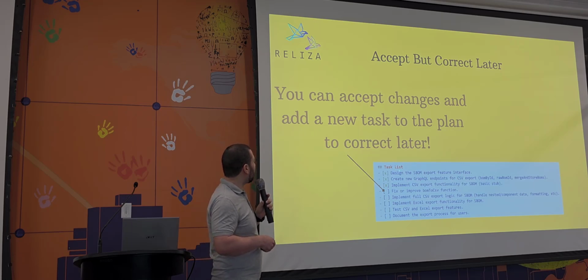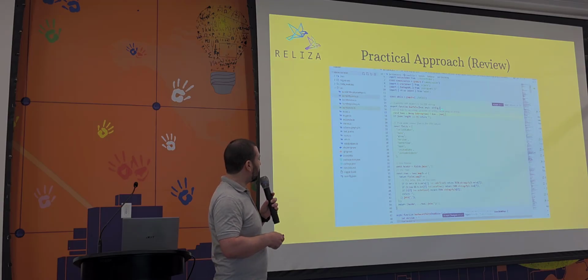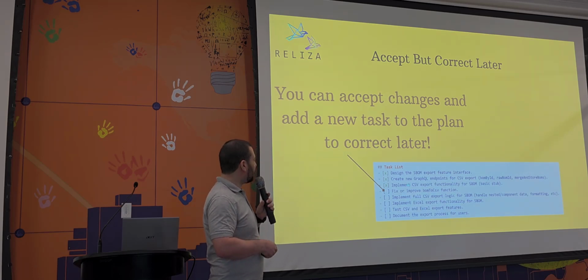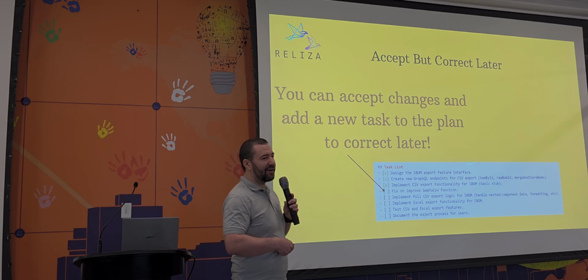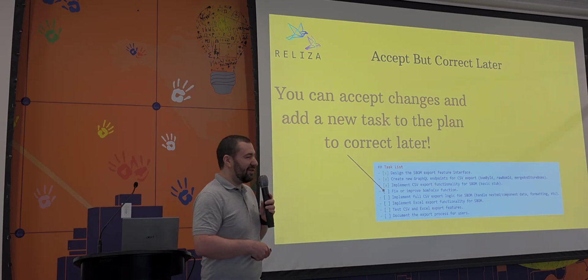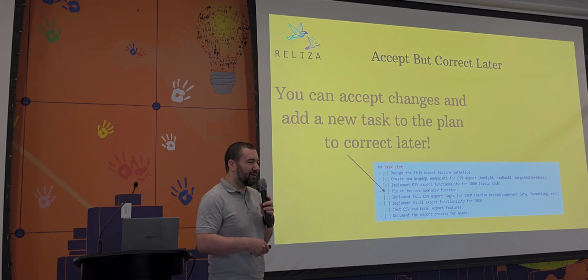And what I did, when I hit accept here, the next thing I said was, add a task to fix this function. And again, it did not do any implementation at this point.